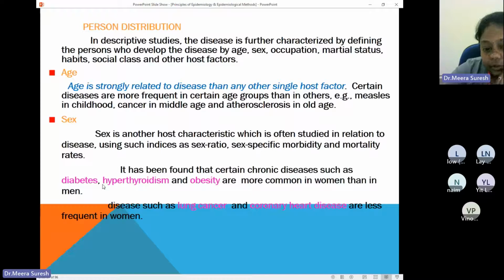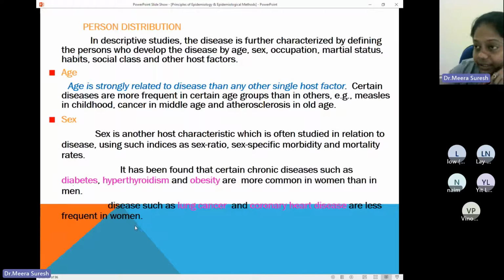Here we can see some examples: diabetes, hyperthyroidism, and obesity are more common in women than in men, whereas diseases such as lung cancer and coronary heart disease are less frequent in women. One of the important reasons we can assign would be substance abuse, because generally fewer females have the habit of smoking or alcohol. So that might be the reason.